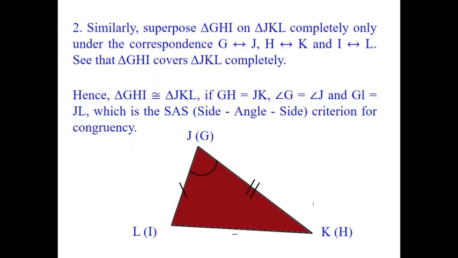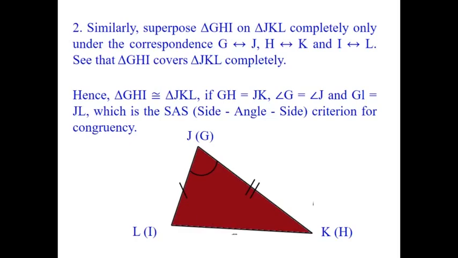Similarly, superpose triangle GHI on triangle JKL completely only under the correspondence G to J, H to K and I to L. See that triangle GHI covers triangle JKL completely.